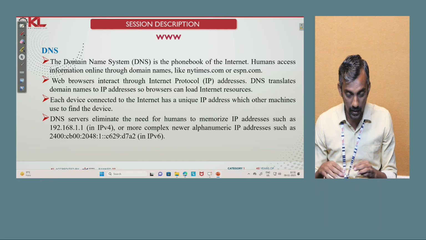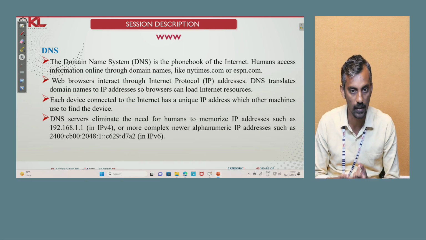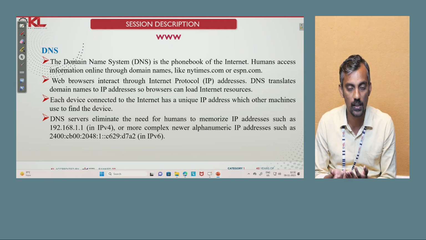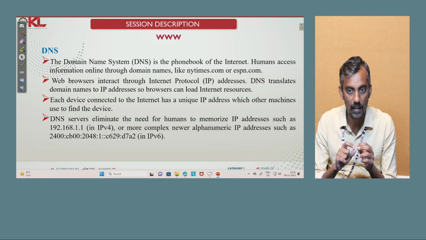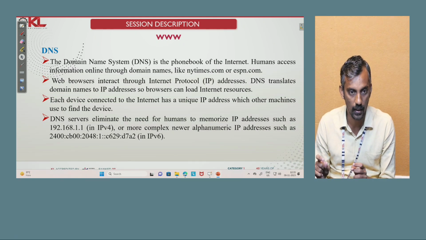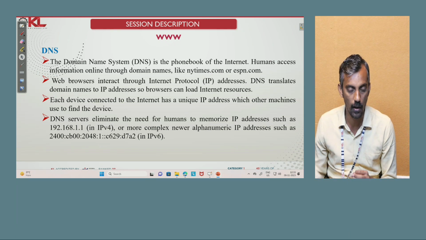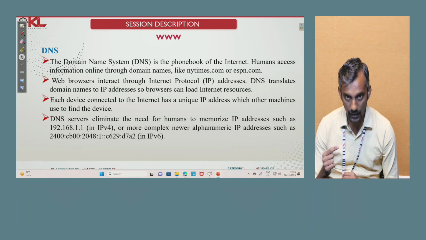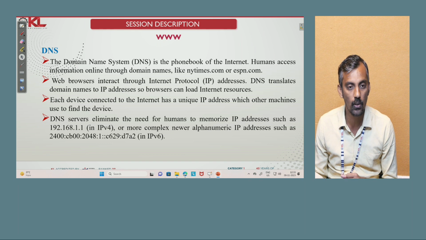Take some websites. Each website has an IP address. Consider Google, www.google.com. It has a default IP address. Instead of typing www.google.com in your web browser, you can type the respective IP address and it will redirect to Google.